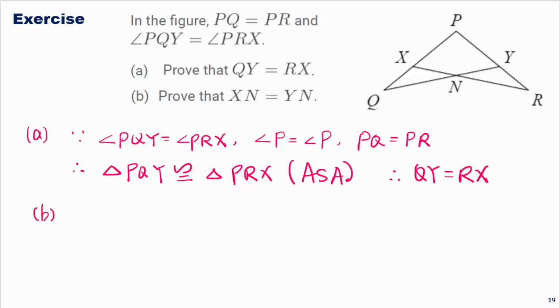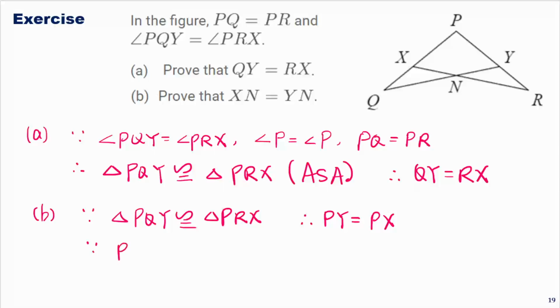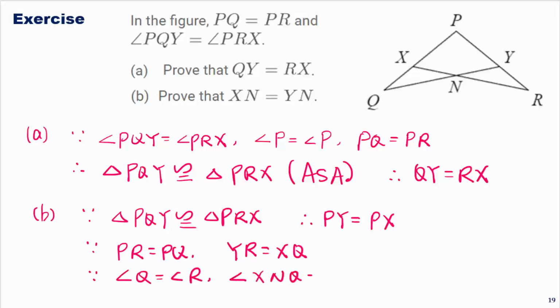And in question B, you can start by using triangle PQY is congruent to triangle PRX. We have proved this in question A. Then we know the corresponding parts are also congruent, so PY equals PX. And because we also have PR equals PQ, YR equals XQ, and because angle Q equals angle R, angle XNQ equals angle YNR.